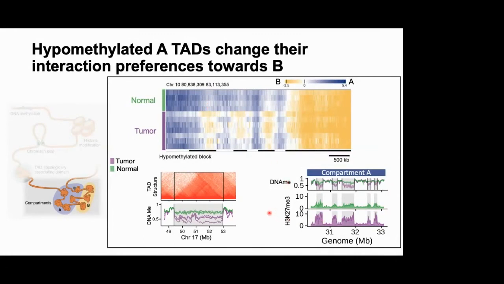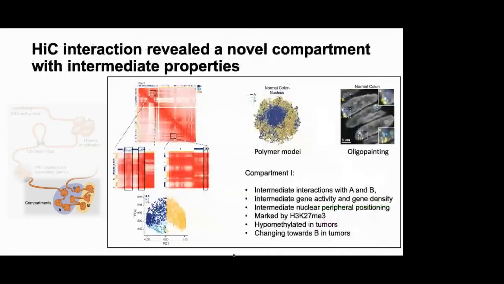samples. When we looked at our chromatin marks, we saw that the hypomethylated blocks in compartment A were highly enriched for the H3K27 trimethylation mark, and this was especially strong for the tumor samples. This made us go back and look at the Hi-C matrices in more detail.